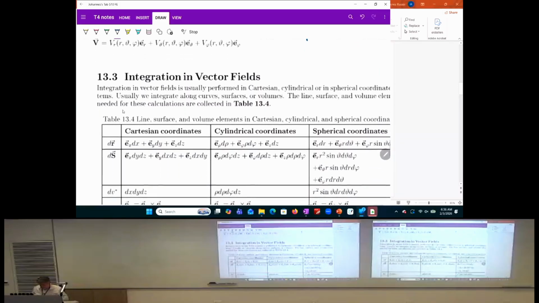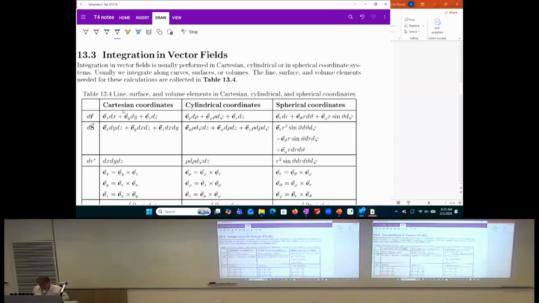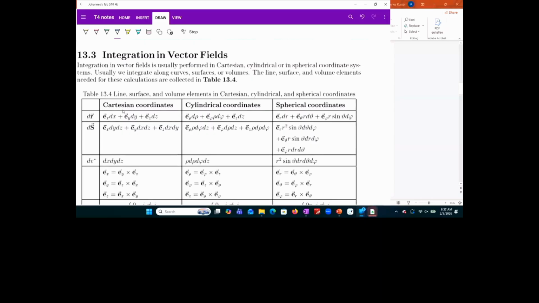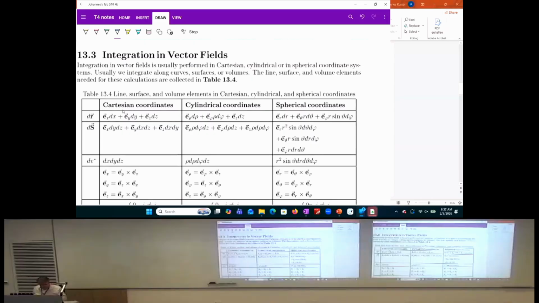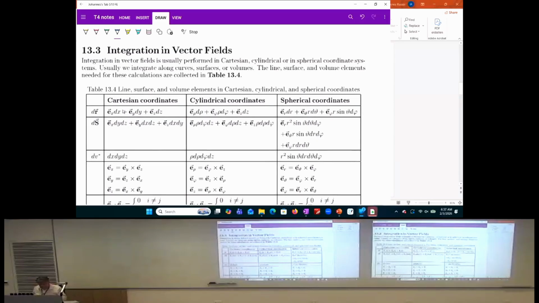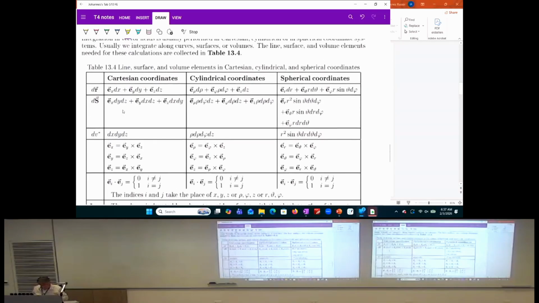And then if you look into that sheet on how to do the integration of vector fields in the different coordinates, you see that what we are looking at is a surface integral. That surface integral is the differential S, or we usually denote it with an A, and we are in spherical coordinates.